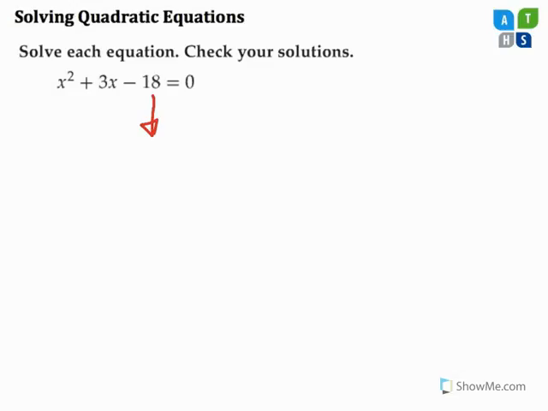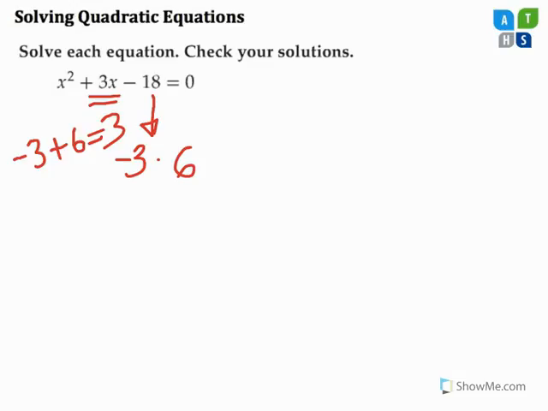So, if I think of 3 and 6, and if I get 3 as a minus 3, when I multiply them, I get minus 18. Now let's check if I can get plus 3 when I add them. Well, yes, minus 3 plus 6 gives us 3.